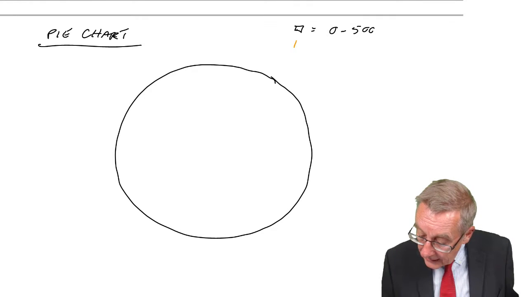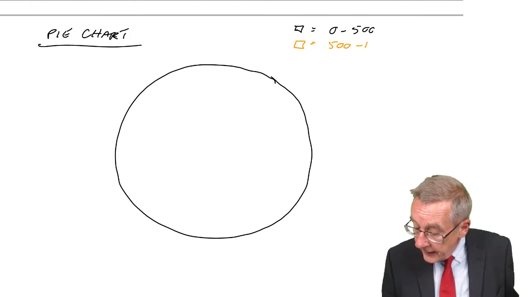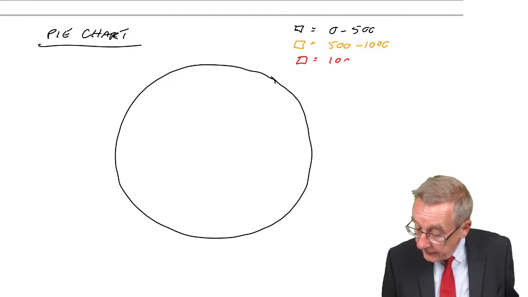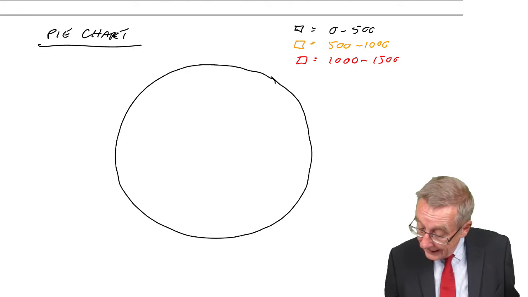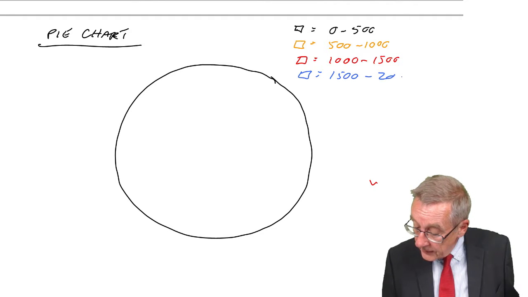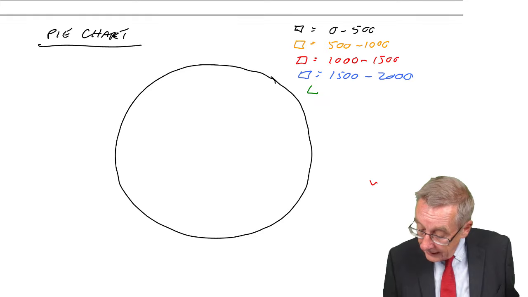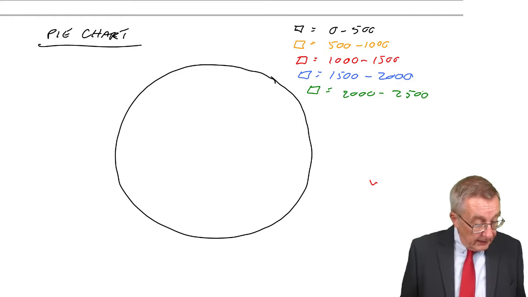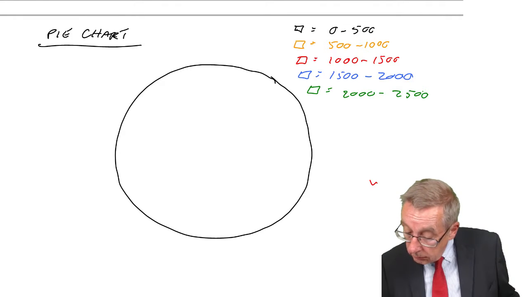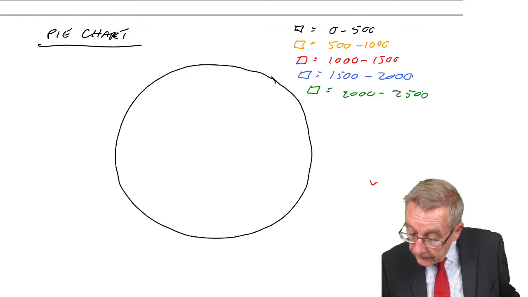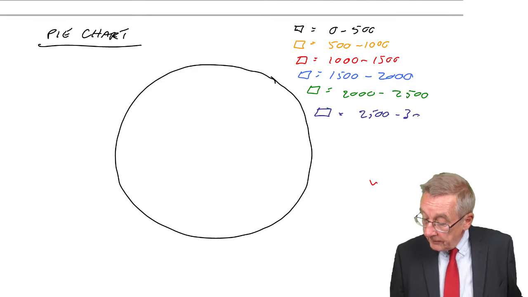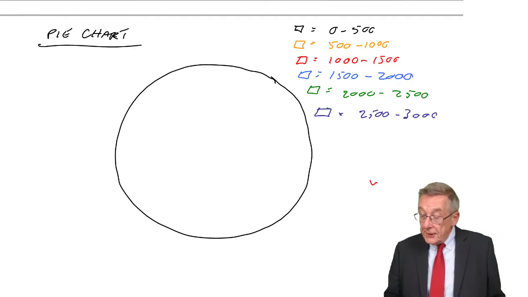I'll use this colour to be 500 to 1,000. This colour 1,000 to 1,500. I wonder if I've got enough colours here. This colour 1,500 to 2,000. This colour 2,000 to 2,500. How many more? 1. Have I got another colour left? This is another shade of blue. 2,500 to 3,000. And I'll use those colours to divide into slices.